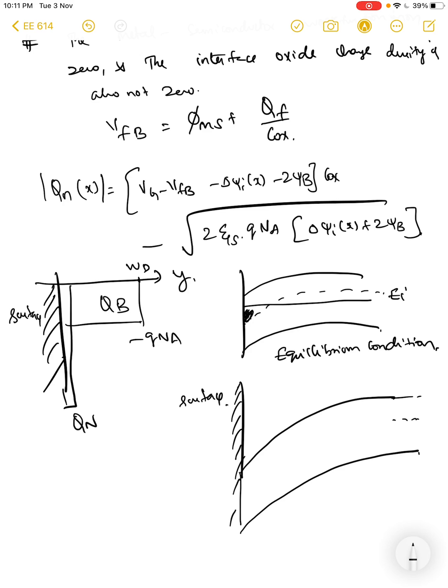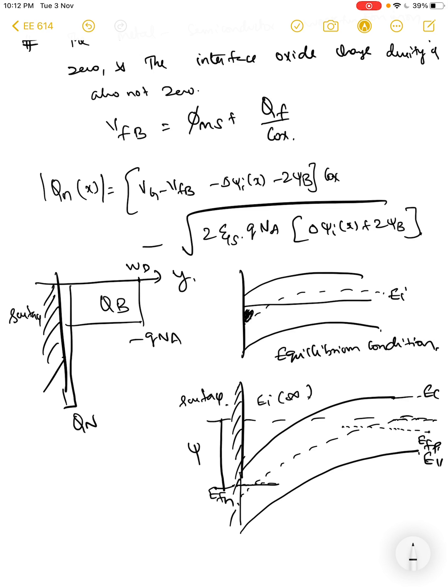Far away from the surface, the conduction band and the valence bands are not really modified, and this is EI infinity, and the EI should also move along with the conduction and valence band, and the Fermi level is this EFP, and the EFN at the surface where you have an electron is here. And remember, this entire thing is the psi p at any point x, and at the surface it is written as psi s.